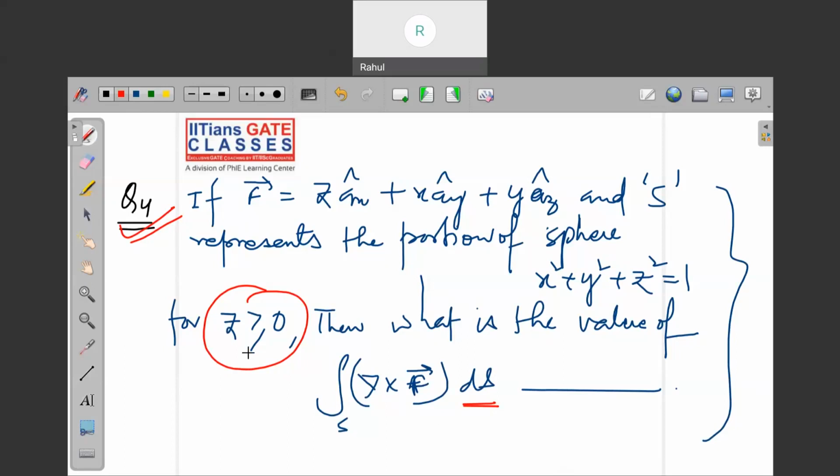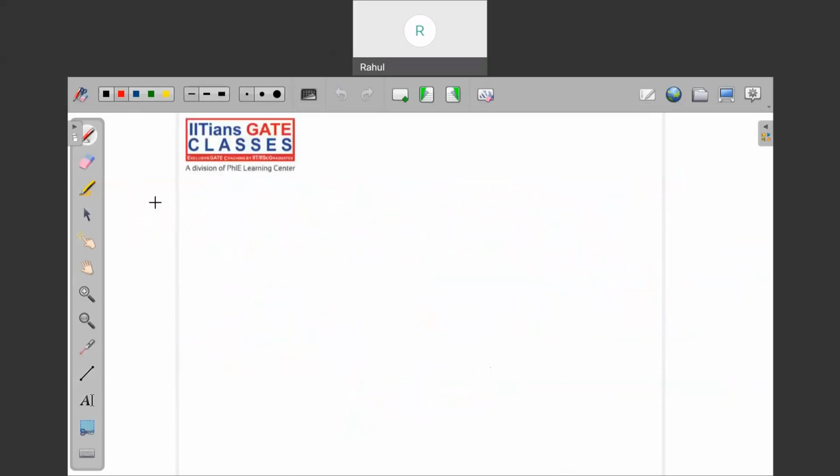It looks very easy. You can compute the curl using a determinant. First of all, we need to calculate this first step.